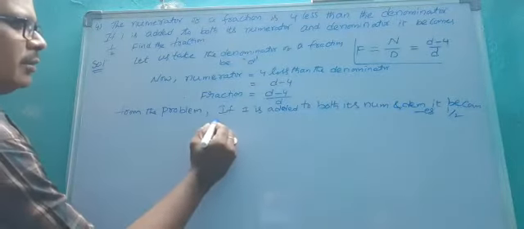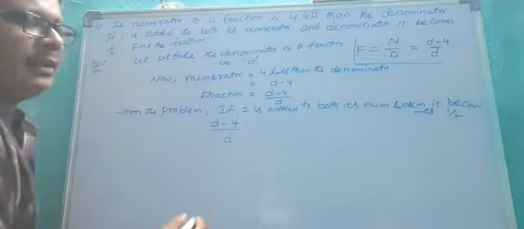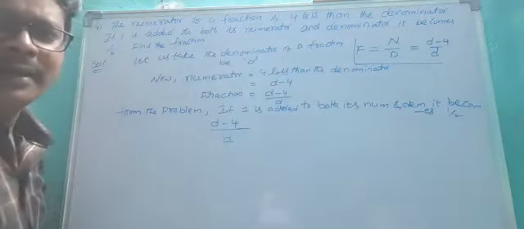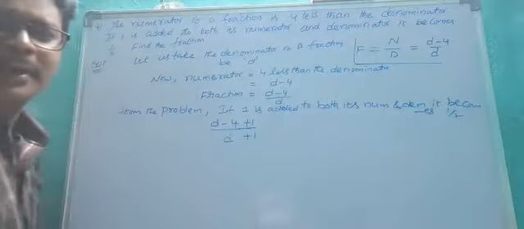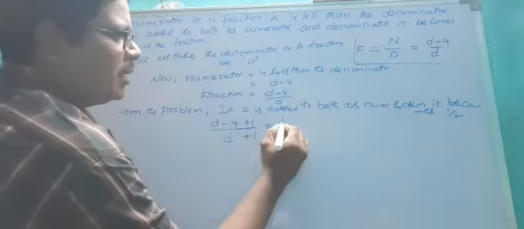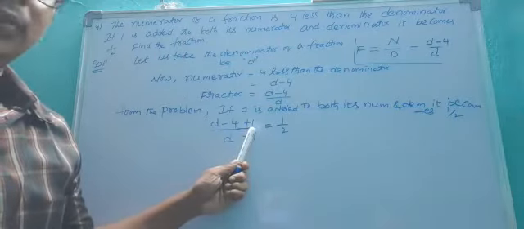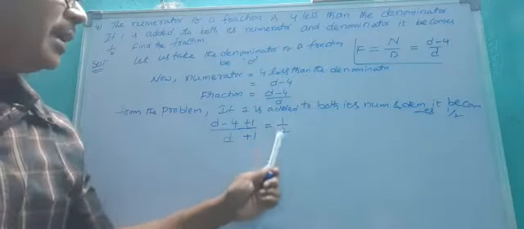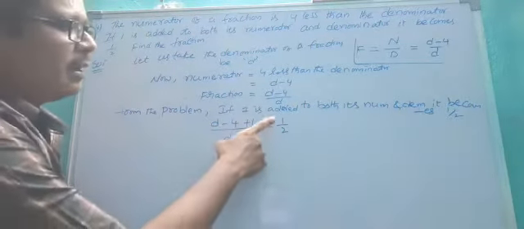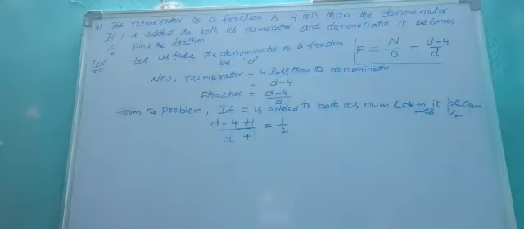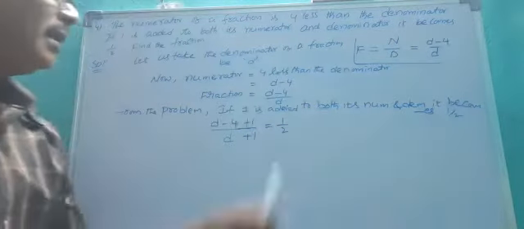What is the numerator here? d minus 4. What is the denominator? d. How much do you add to both numerator and denominator? 1. It becomes how much? 1 by 2. So the numerator is d minus 4 plus 1, the denominator d plus 1, and it becomes 1 by 2.